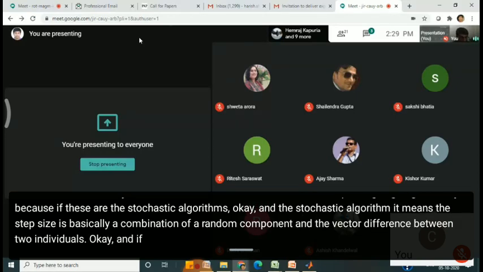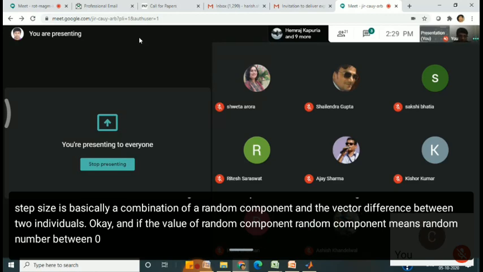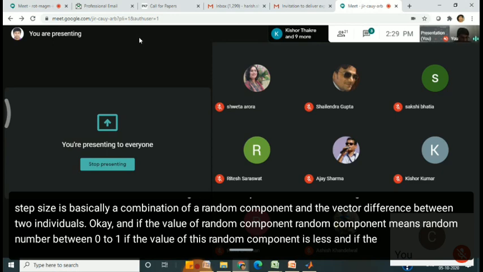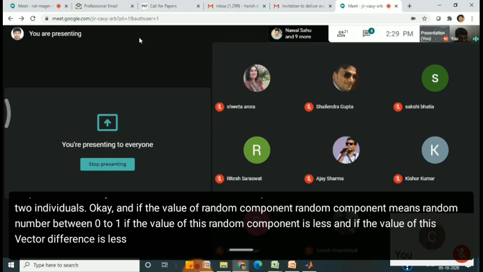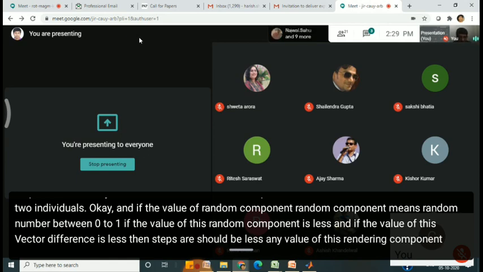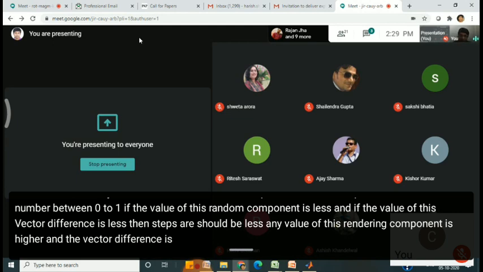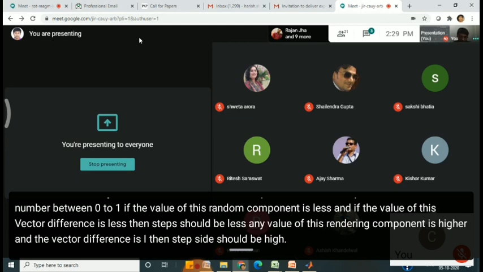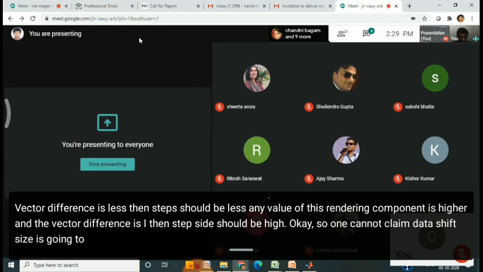If the random component, a random number between 0 and 1, is less, and the vector difference is less, then the step size should be less. And if the random component is high and the vector difference is high, then the step size should be high. So one cannot claim that the step size is going to be less or high.